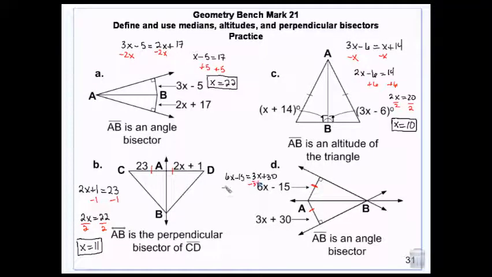Subtract that 3x from both sides. 3x minus 15 equals 30. Add 15 to both sides. 3x equals 45. Divide by 3. X equals 15.